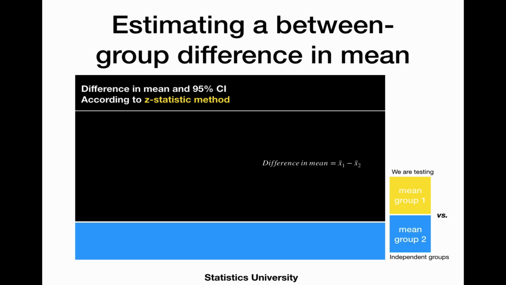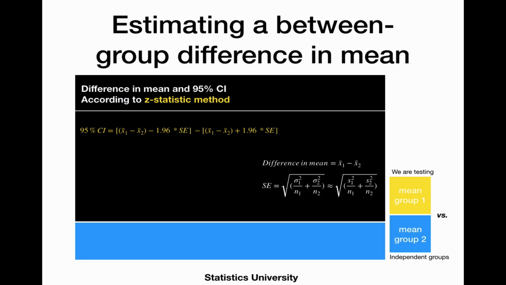First, we're going to look at the difference in mean between both groups. And then we are going to calculate its associated standard error, which is the square root of this term, and that term is the variance of group 1 divided by the number of patients in group 1 plus the variance in group 2 divided by the number of patients in group 2.